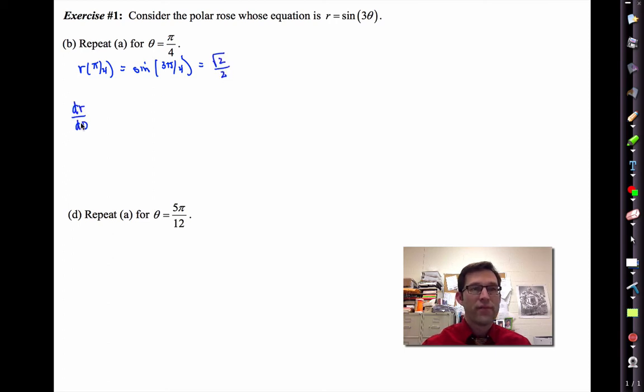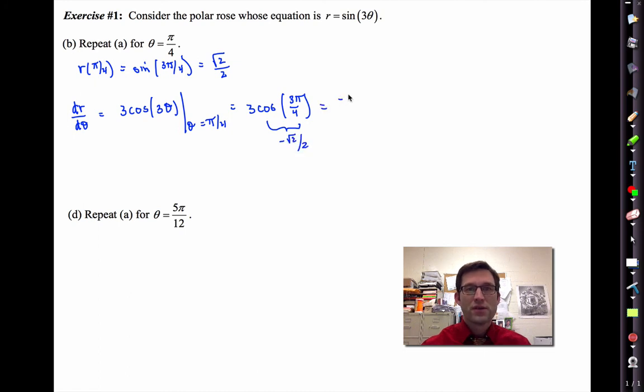Dr d theta is going to be 3 times the cosine of 3 theta, which again, when theta is pi over 4, ends up being 3 times the cosine of 3 pi over 4. But here, the cosine of 3 pi over 4 is negative root 2 over 2, so we get negative 3 root 2 over 2.